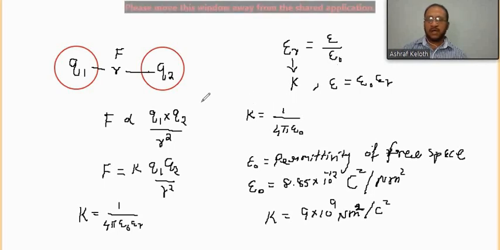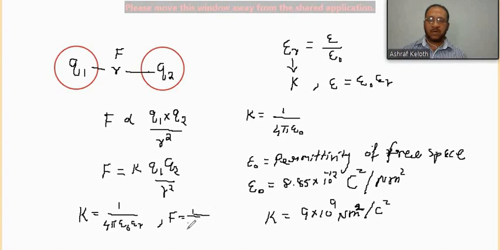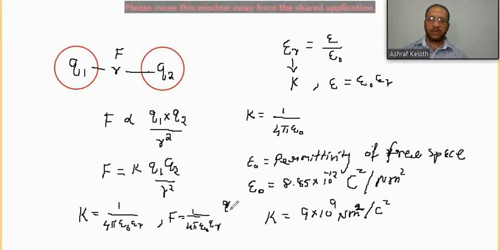So the final equation of Coulomb's law: the force between two charges F is equal to K into Q1 Q2 divided by R square, which can also be written as F equal to 1 by 4 pi epsilon naught into epsilon r, into Q1 Q2 divided by R square.